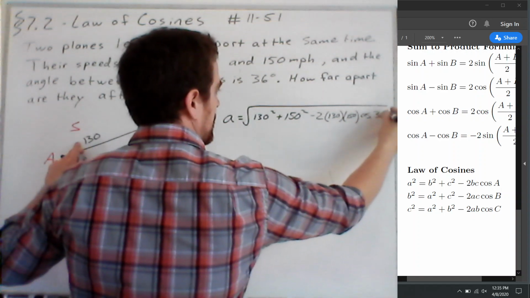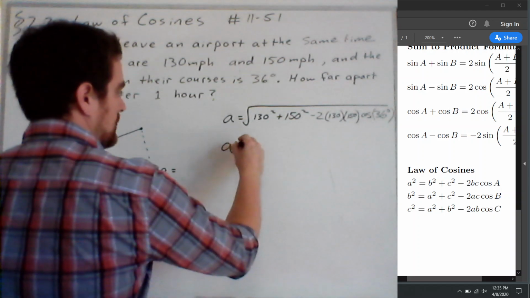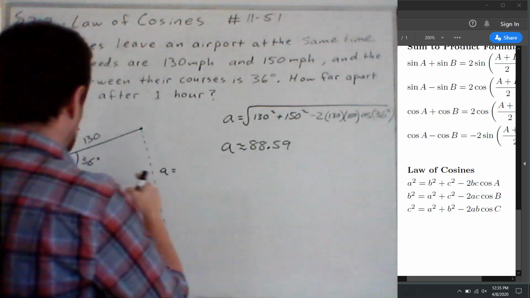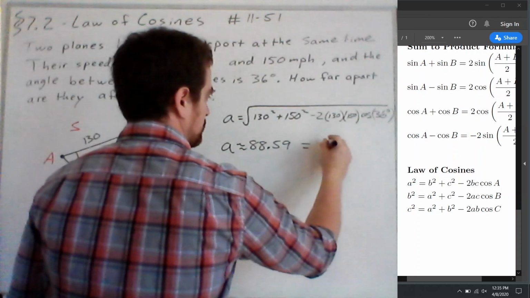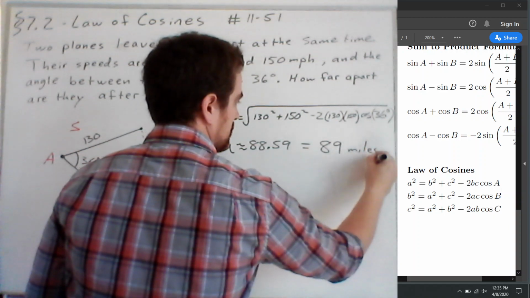Cosine of the angle between those two planes is 36 degrees. So again, we go to our calculator, and we get A is about 88.59. Look at their significant figures. We can just comfortably say 89 miles apart.